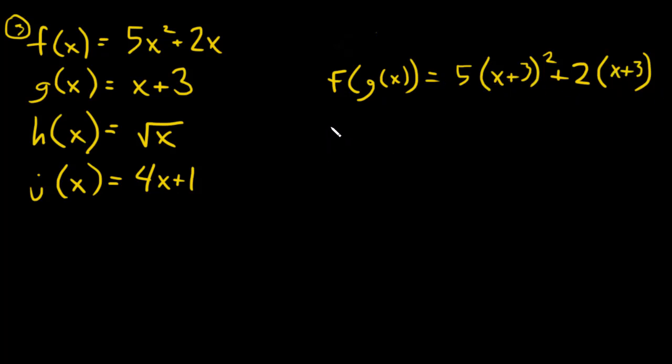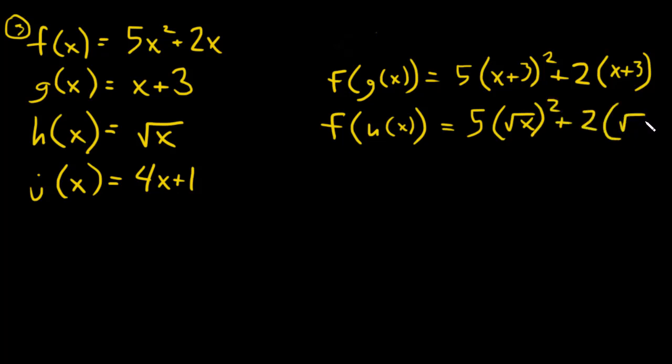All right. So next we wanted f of h of x. And so f of h of x is equal to, well, I'm now going to take the h of x and substitute in wherever there's an x. So this is going to be 5 times root x squared plus 2 times root x. That's it. That's all you have to do. You don't have to simplify it.